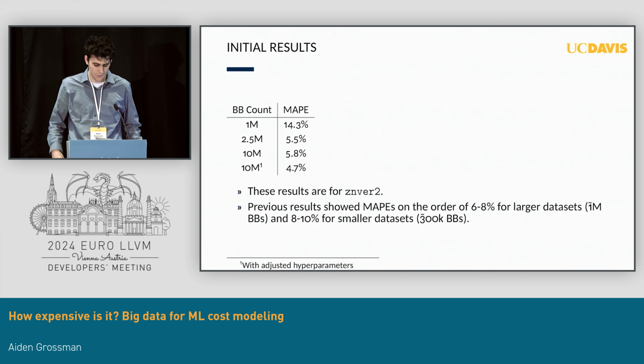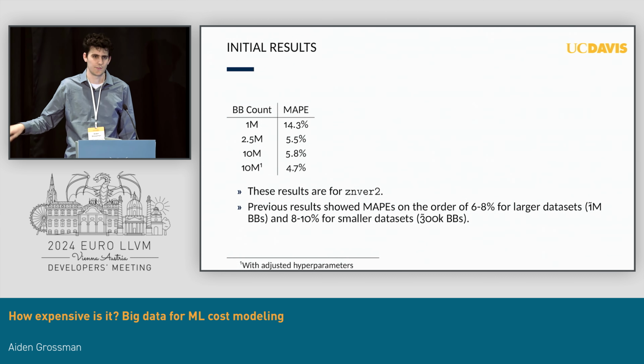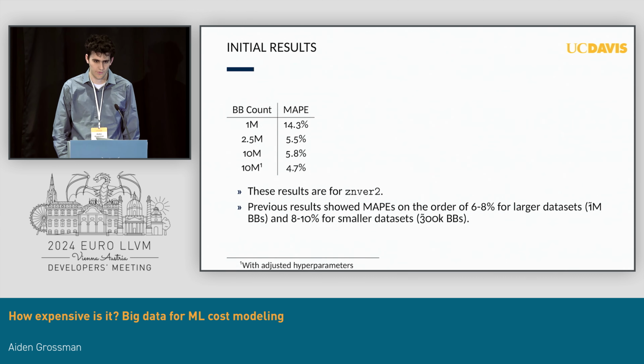We get a mean absolute percent error on a 10 million basic block data set of about 4.7% on a separate validation subset, which is quite a bit better. It's about 2 percentage points lower than previous work, where the average error has been 6 to 8%.